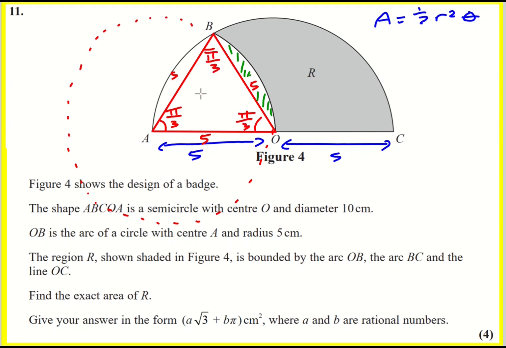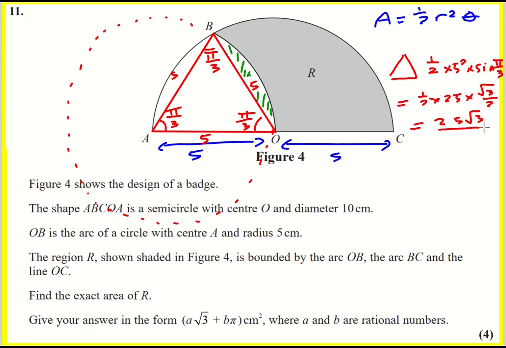Let's start by finding the area of that triangle. It's going to be a half AB sine C. So a half times 5 squared times sine pi over 3. That ends up being a half times 25 times root 3 over 2. So we get 25 root 3 over 4 for our triangle area. I can then find the sector area. We've got pi over 3 here.